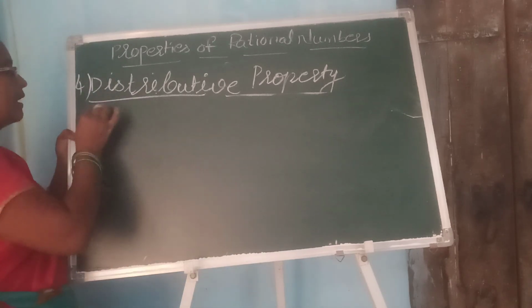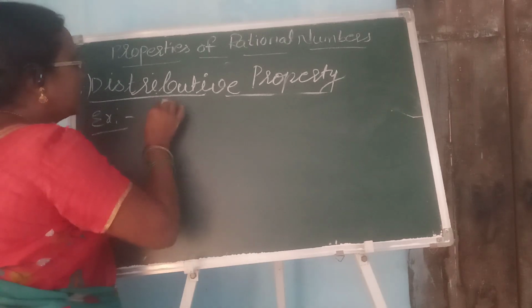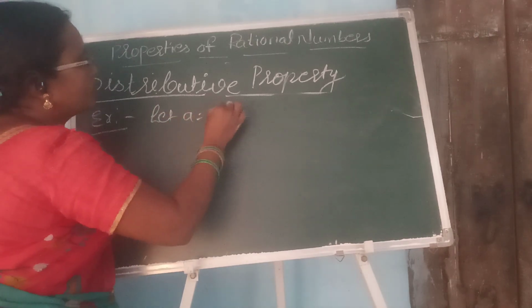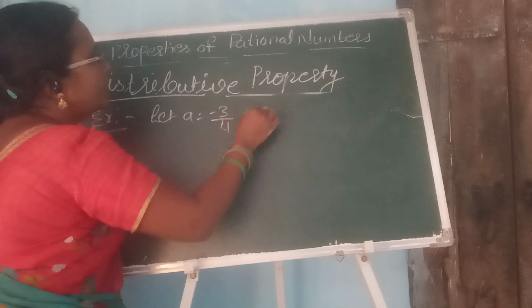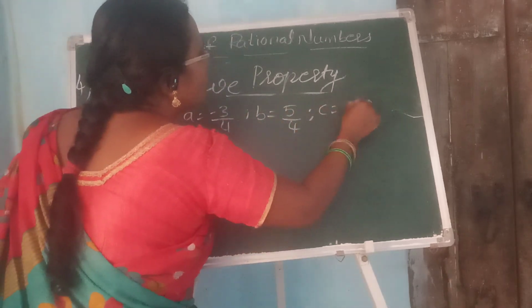So for the example, again we take the same values. Let A is equal to minus 3 by 4, B is equal to 5 by 4, C is equal to 2 by 4.